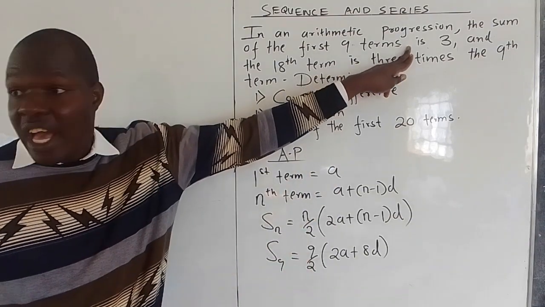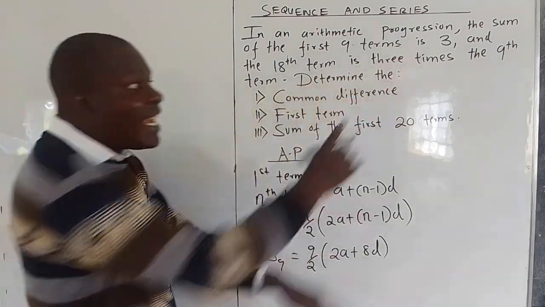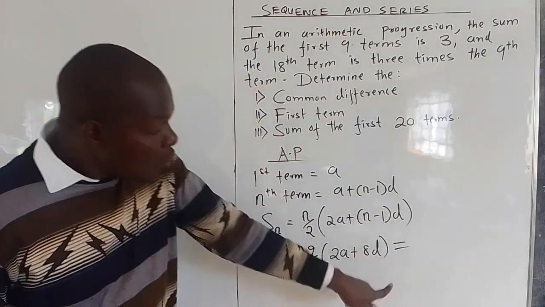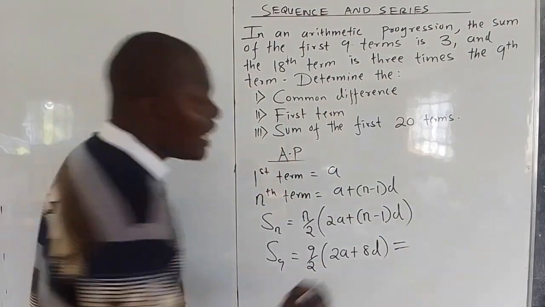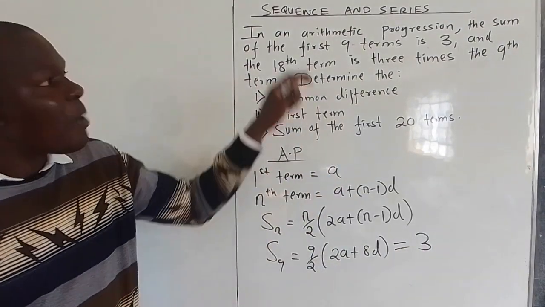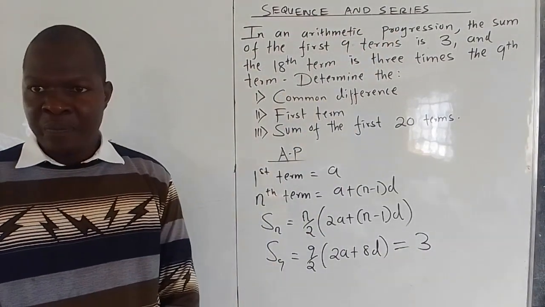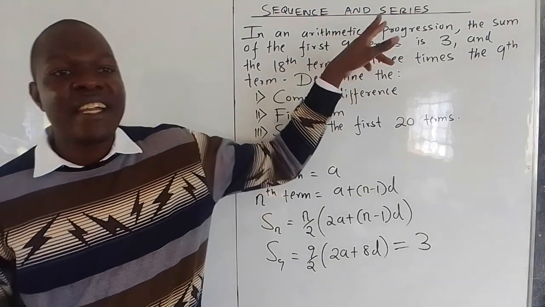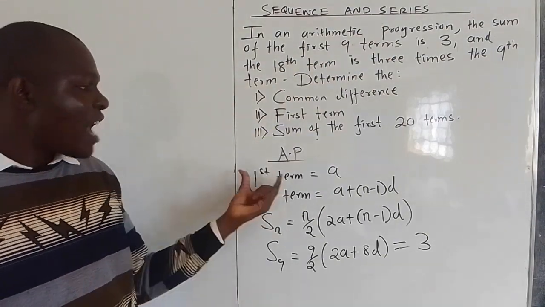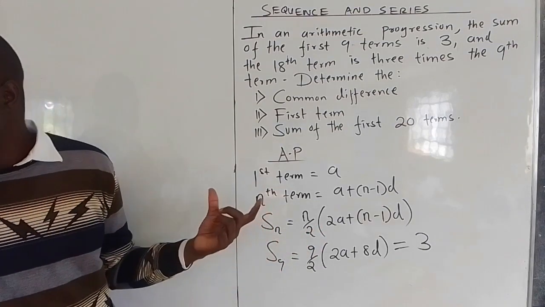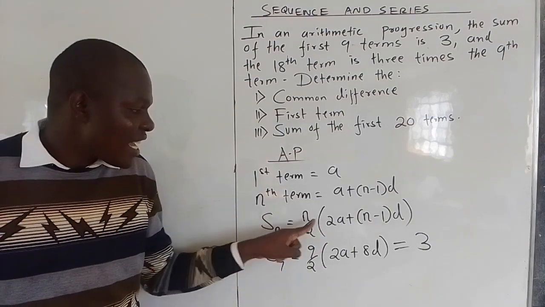You just reached here. You are still moving on. Are you seeing? Yes. The word "is" means what? Is equals to. Are you seeing that? Yes. Is 3. So you've changed the mathematics statement into a mathematics equation. The sum of the first 9 terms: you come and say from the unknown you identified in the arithmetic progression, when they talk about the sum of the first 9 terms, they are telling me that where there is n, I put 9.